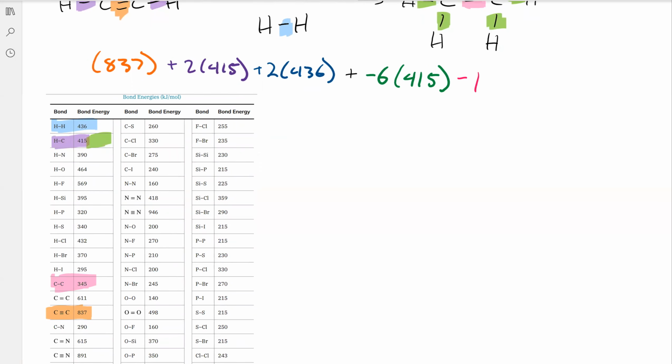So plus a -1 times this 345. And then you just sum them all together. And in this case, you get -296 kilojoules, right?